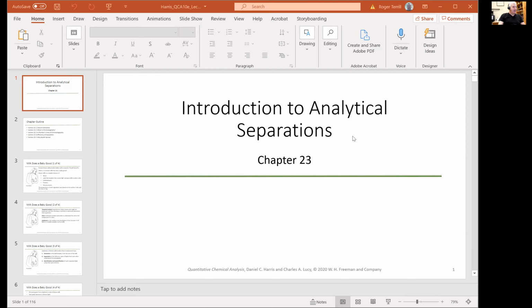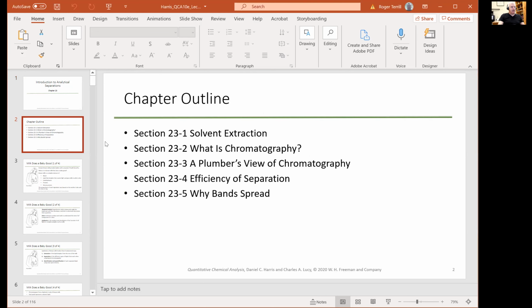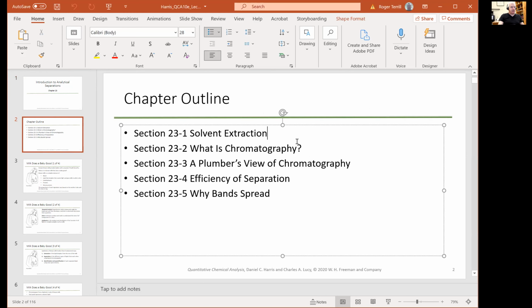So anyway, the chapter starts with a description of solvent extraction, which is really interesting, but we will not cover it. I don't want to throw a bunch more algebra at you, because that just makes me nervous.